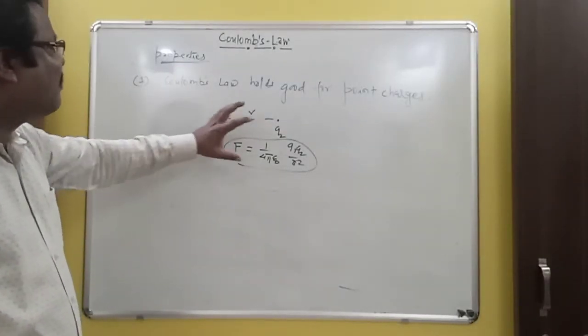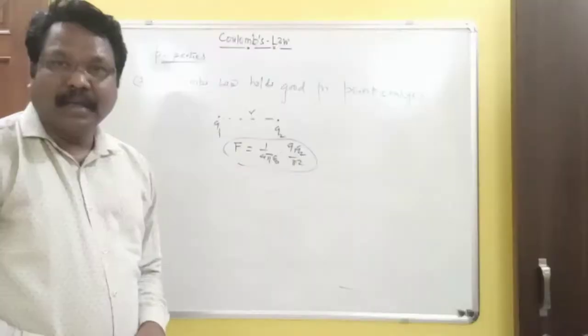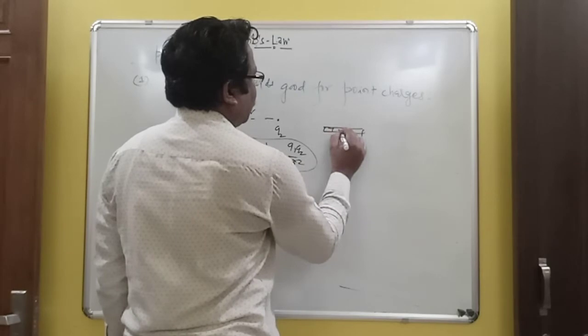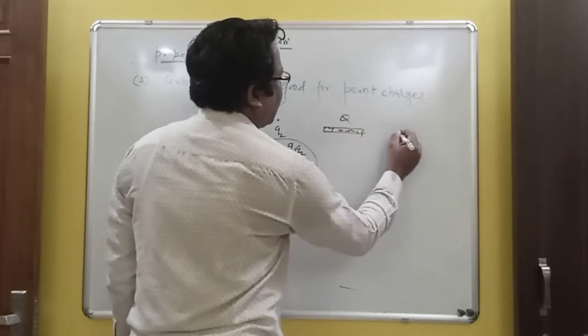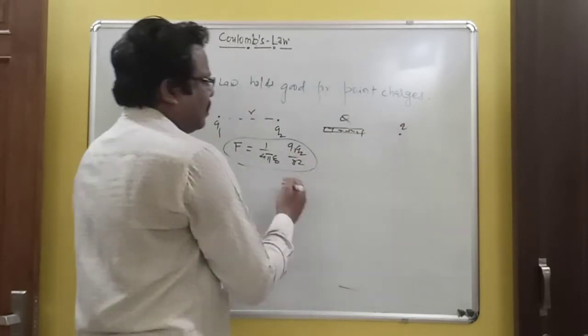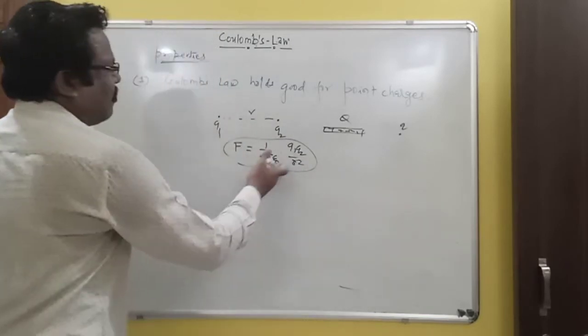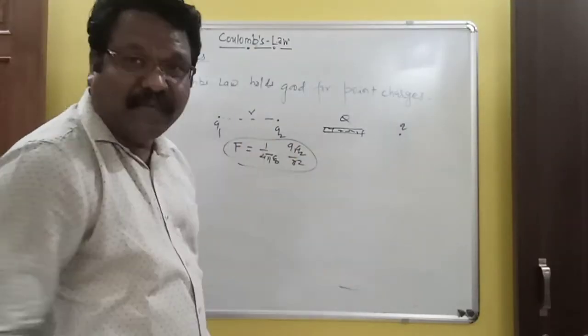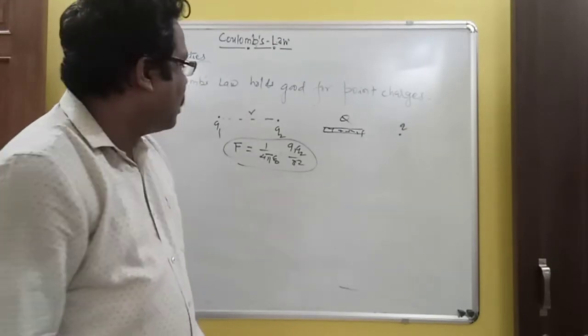So it is strictly given for what? Point charges. If you take somewhere a rod having some charge and a point charge here, you can't write Coulomb's law for this case, right? You will have to treat it in a different way that we will study afterwards.